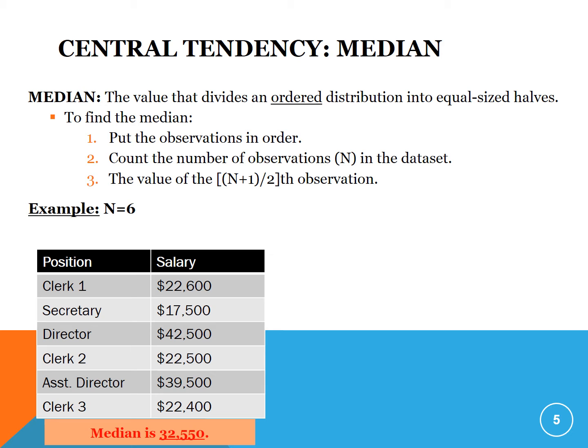So somewhere in between director and clerk 2, because clerk 2 is the fourth observation, we should have our median if we did this correctly, right? So we take those two values, add them together, and divide by 2. And as you can see in red at the very bottom, our median is $32,550.